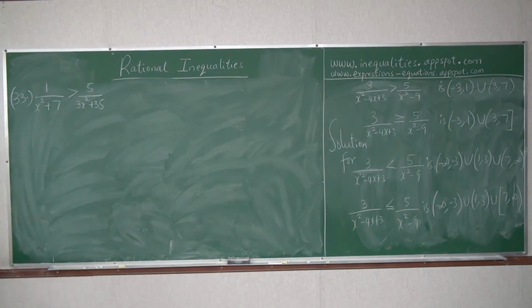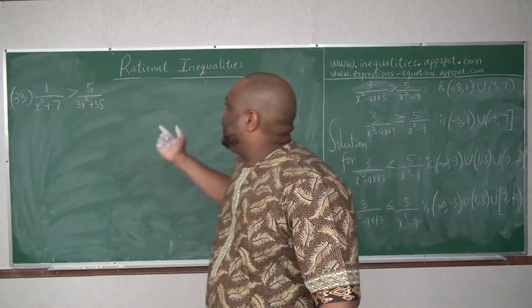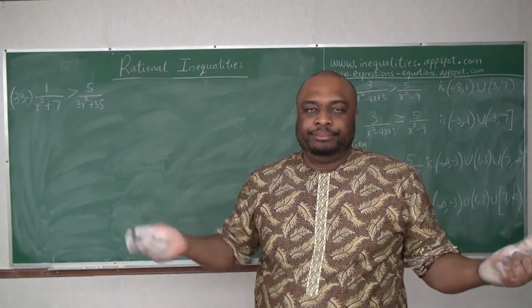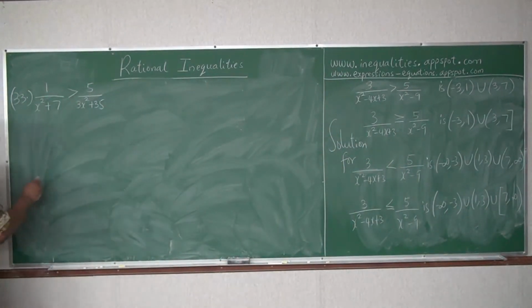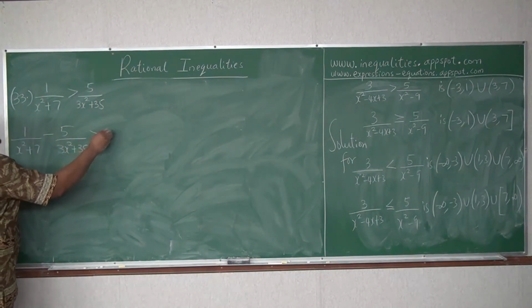Alright. And so in this case, is 0 on the right hand side now? So let's make 0 be on the right hand side. This is 1 over x squared plus 7 minus 5 over 3x squared plus 35 greater than 0.